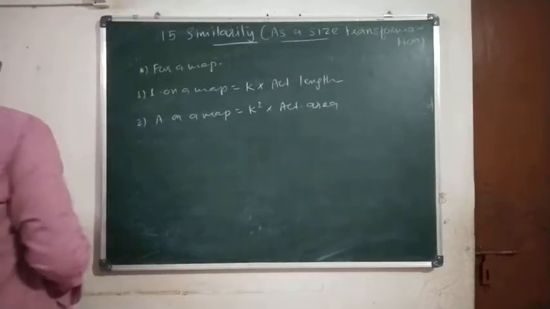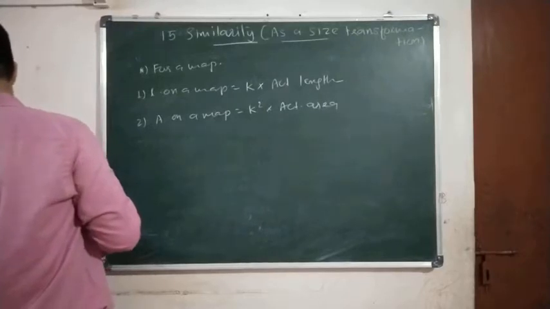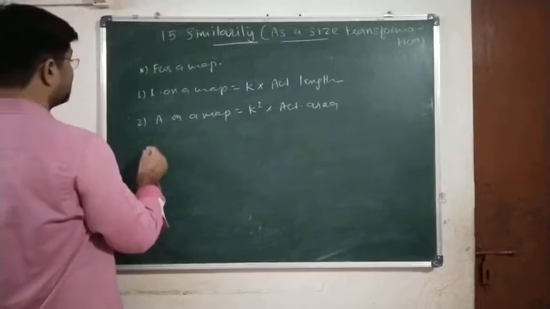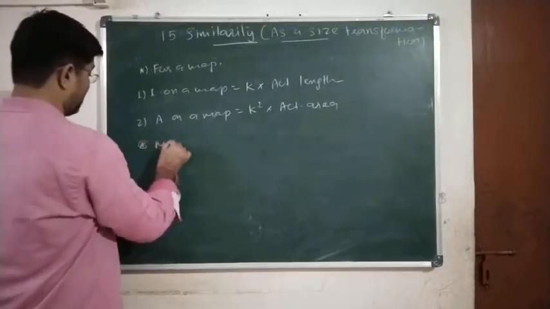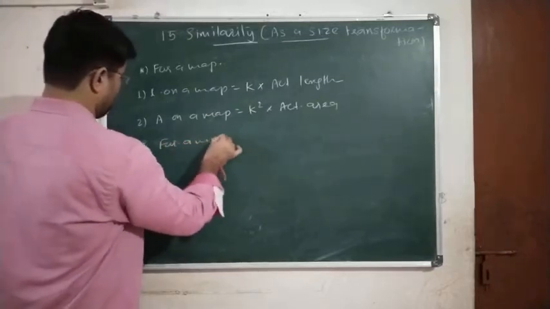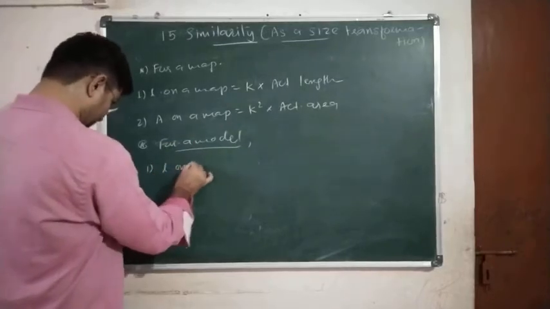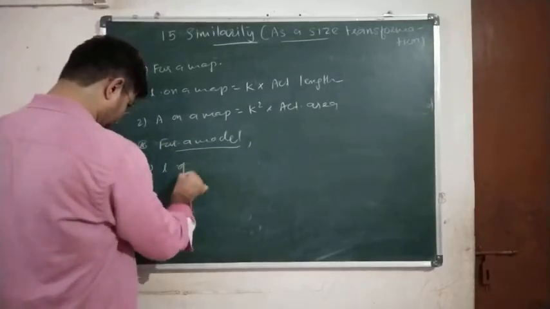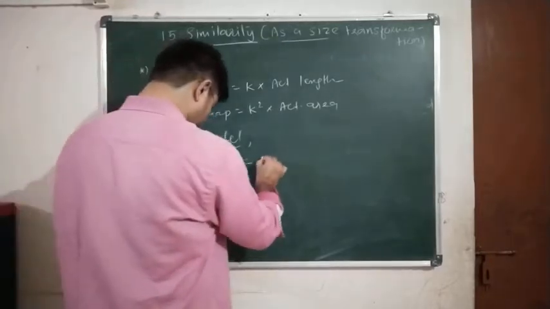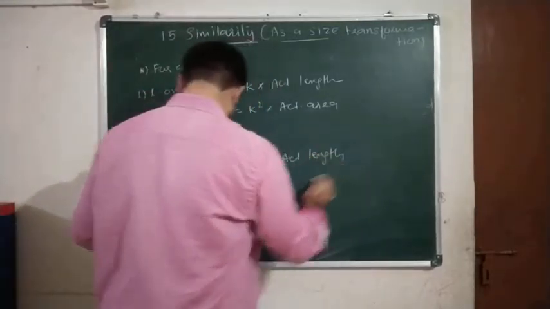However, let us consider the model. Now for a model, number one, length of an object or length of model is equal to K into actual length.